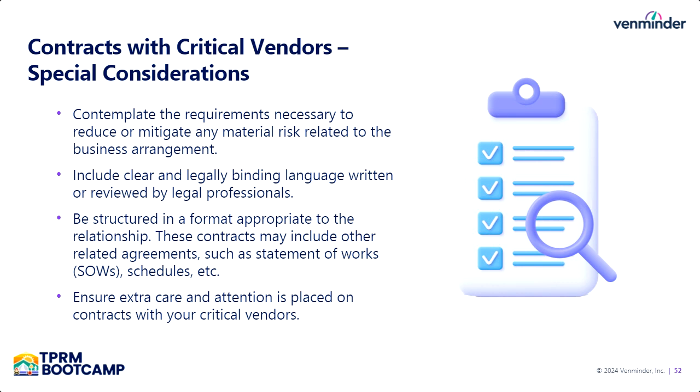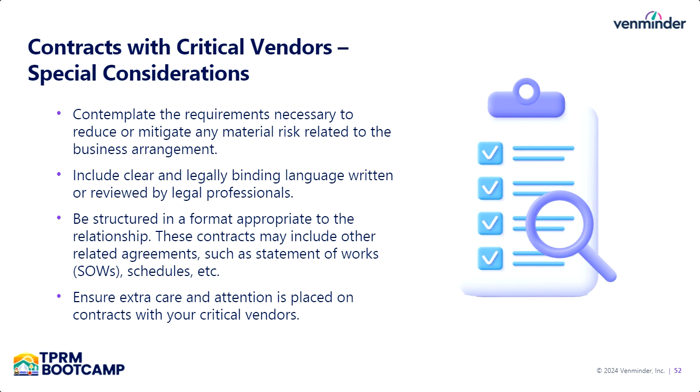I'm talking about things like ensuring that there are breach clauses, cure clauses for things like software or product defects, termination rights that are important to you, possibly even some refund language for missing SLAs. Another one to be sure that you cover in these contracts is strong SLAs and what happens if they aren't met.